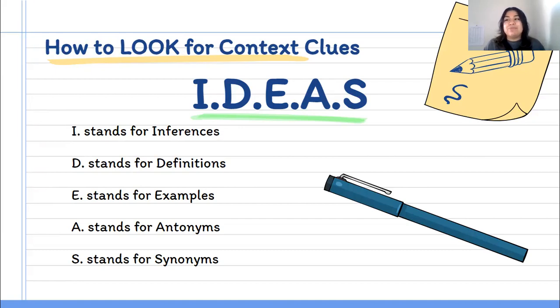E stands for examples, and that can mean getting either some samples or a list that help you identify what that word means. A stands for antonym, which is the opposite of what the word means, sorry. And S is for synonym, which is another word that has the exact same meaning or a similar meaning, but we'll go over examples of each one of these in the following slides.